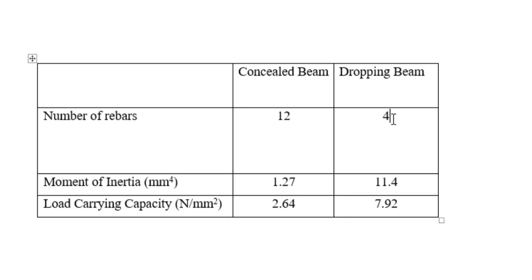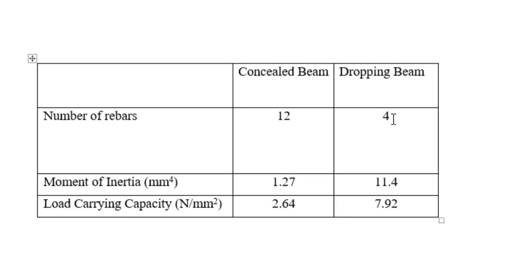So you can see that you will need 3 times the reinforcement to create a concealed beam that you would need for a drop-in beam. So it is more economical to go for a drop-in beam instead of a concealed beam. A concealed beam is not in any way economical. That is our first review in terms of economy. We've concluded that a drop-in beam is more economical than a concealed beam.